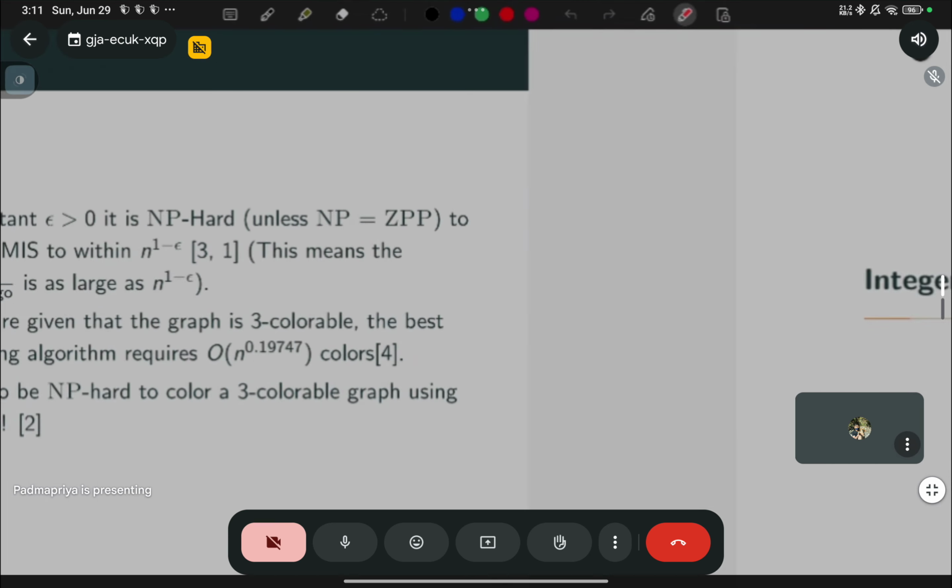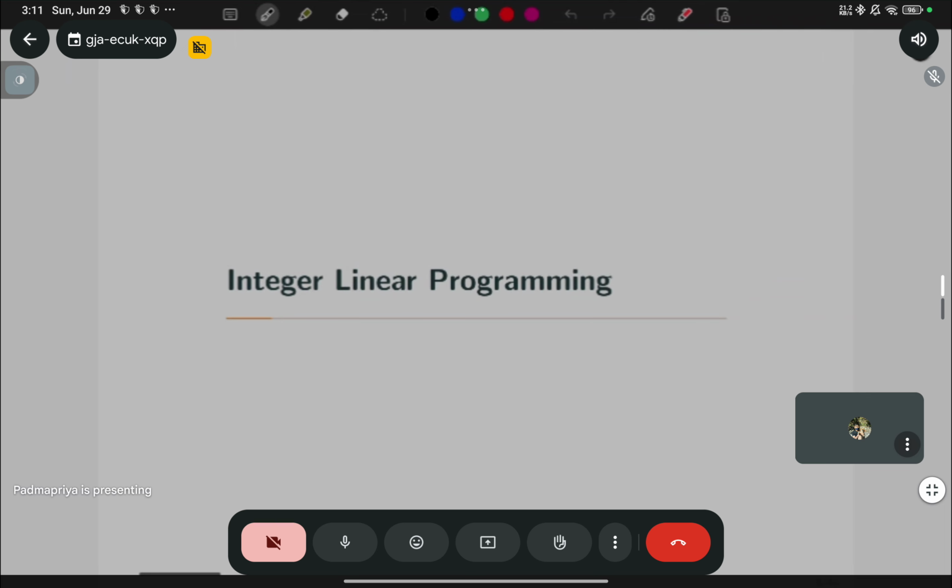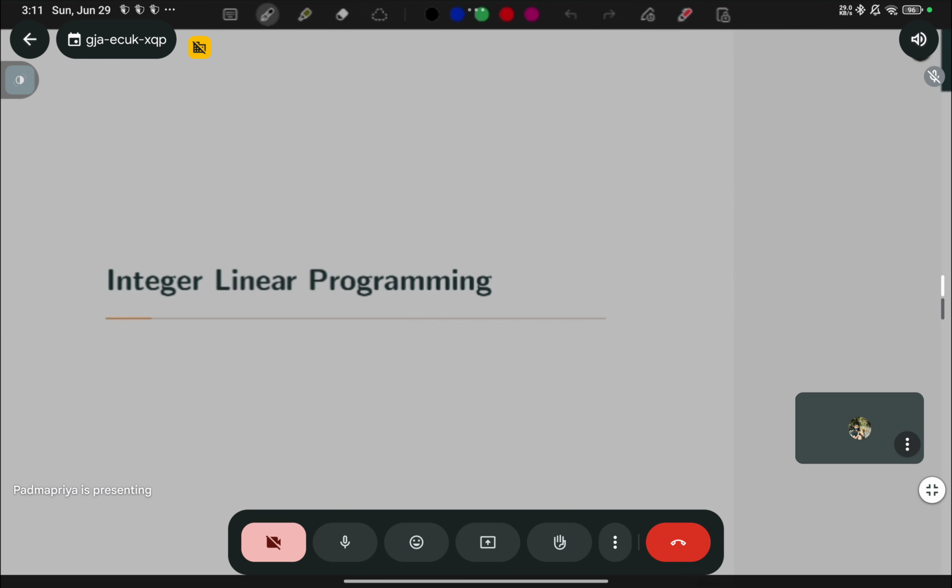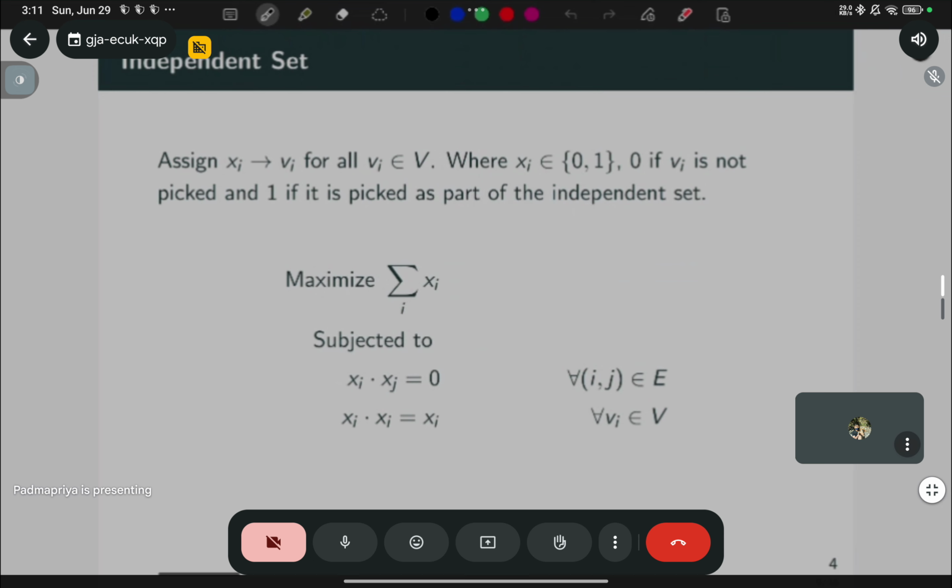Yeah. So given the setup, let's see what can be done. We are familiar with integer linear programming and its formalization for the independent set problem. It's like this. We know that integer linear programming is also NP hard to solve, but let's just go with this and see what can be done, taking some inspiration from the independent set problem to do something with coloring.